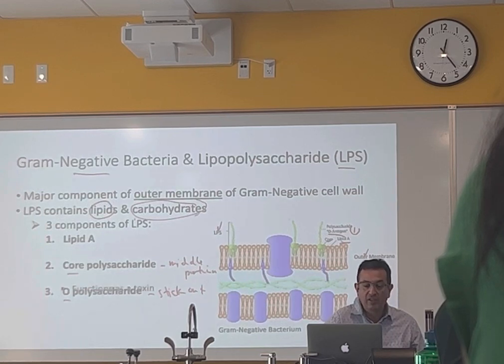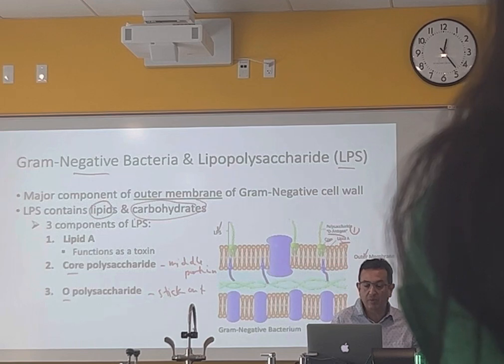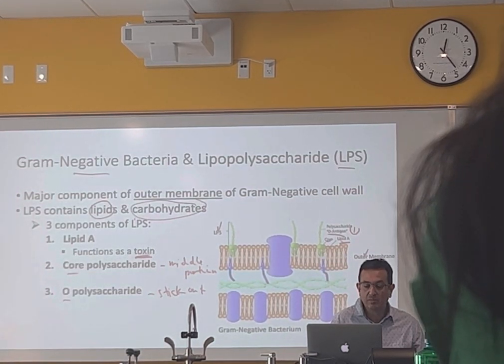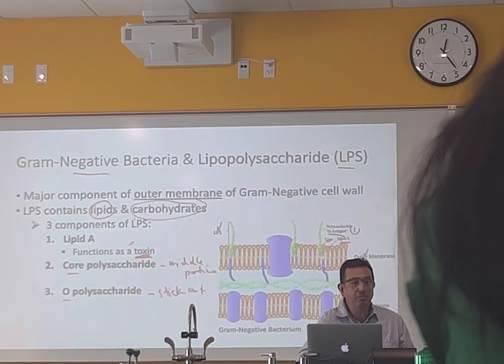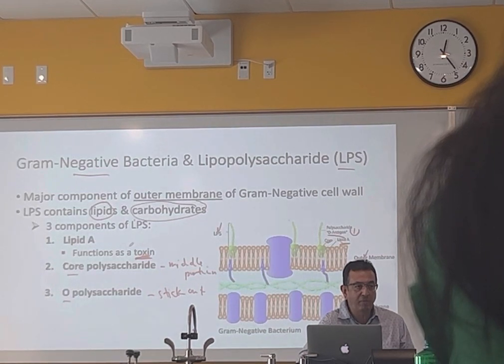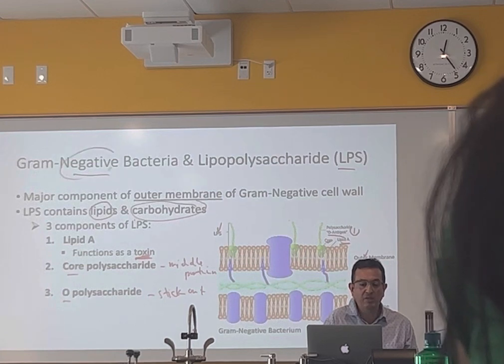Okay. The lipid A portion, which is embedded further inside the outer membrane, actually functions as a toxin. Right? Some bacteria produce toxins, some do not. Those that produce toxins, you want to take a wild guess, are they gram-positive or gram-negative? Those bacteria that produce toxins are gram-negative, because only gram-negative have LPS.